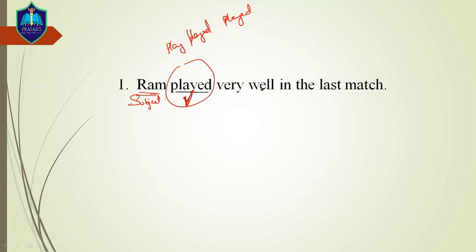What is well here? Well is the adverb. So well is the adverb qualifying played. Right? So well is qualifying played and hence this acts as an adverb. And very is qualifying well. So it is an adverb of degree.